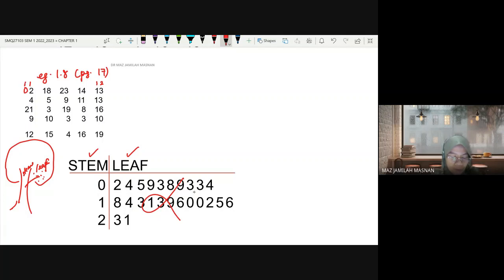This one is the first number, and this one is the second number. So the maximum is 2 digits for each value. Sometimes you may have 3, and then you will have a different stem. Now, let us look at this particular example easily.